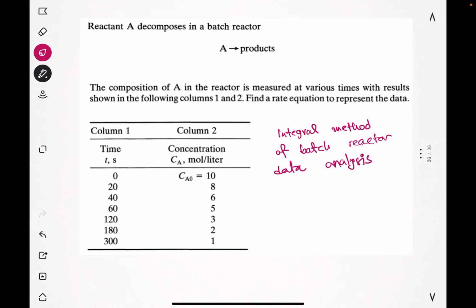And if we can recall the expression, so for the first order, the expression is something like this. And for the second order, so there is only one reactant.